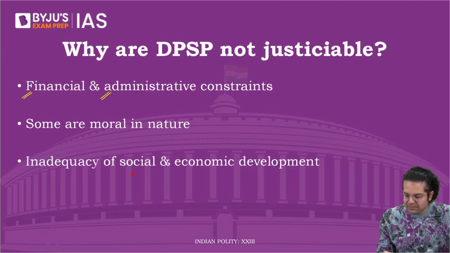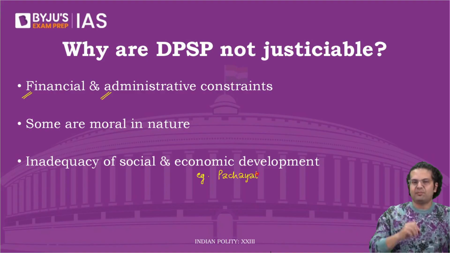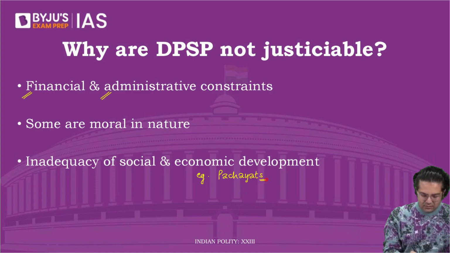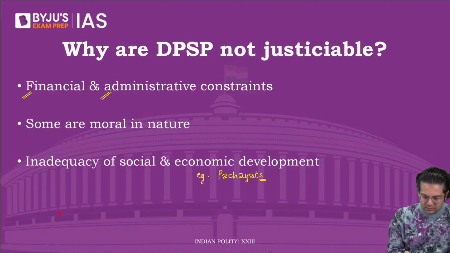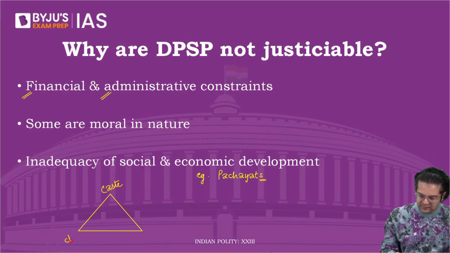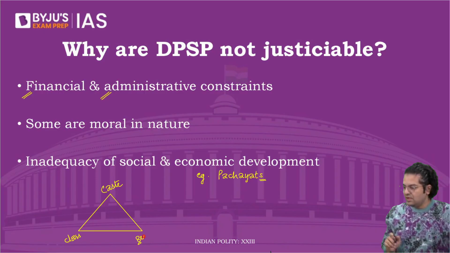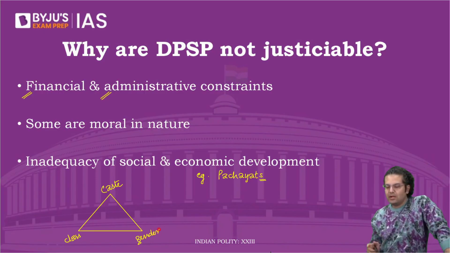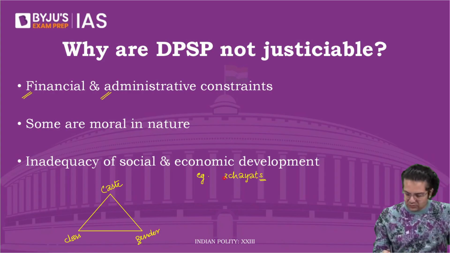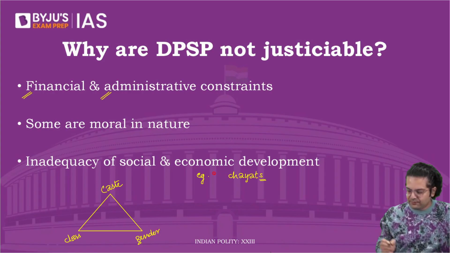A very good example here is the panchayats. Imagine if we had created a constitutional mandate for panchayats in the 1950s only, when the entire village environment was controlled by caste, class, and gender, then eventually it would end up lining the pockets of the rich and elite only, right?